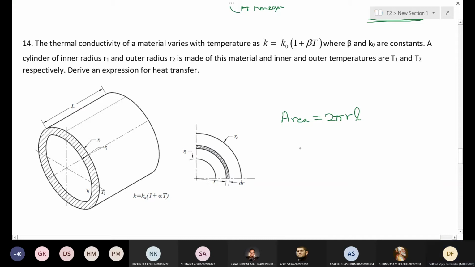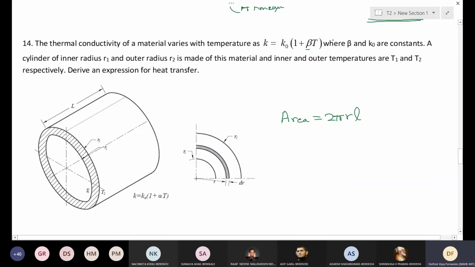Okay. And thermal conductivity. Here it is beta or alpha or any other notation is used. Don't confuse with that. It simply means that it is a temperature dependent coefficient of thermal conductivity. Beta or alpha or sometimes gamma is used.